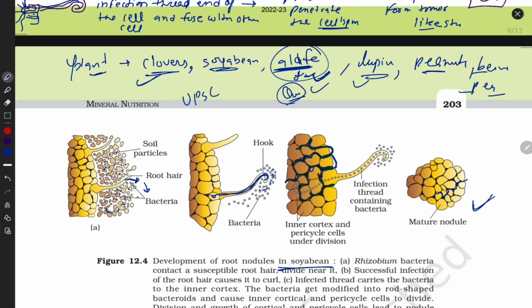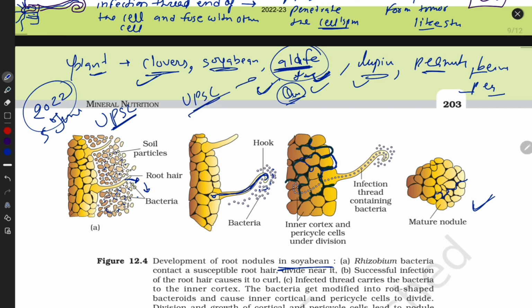This question was in the 5th June 2022 UPSC paper: what kind of plant performs nitrogen fixation? Yes, this is the option. So guys, stay with me. I'm going to prepare you for competitive exams, UPSC level.